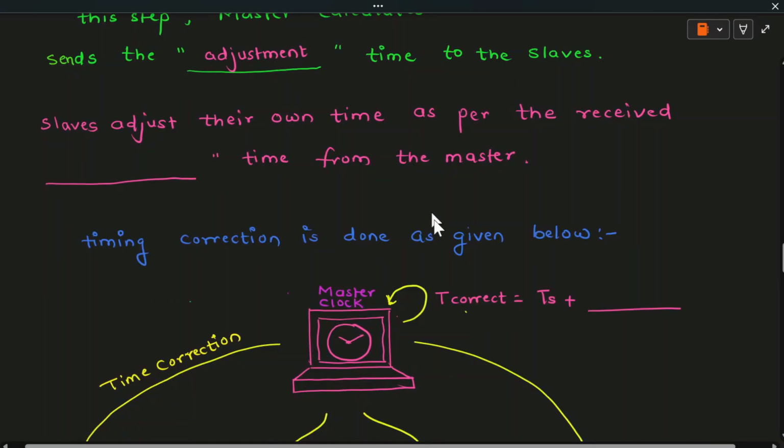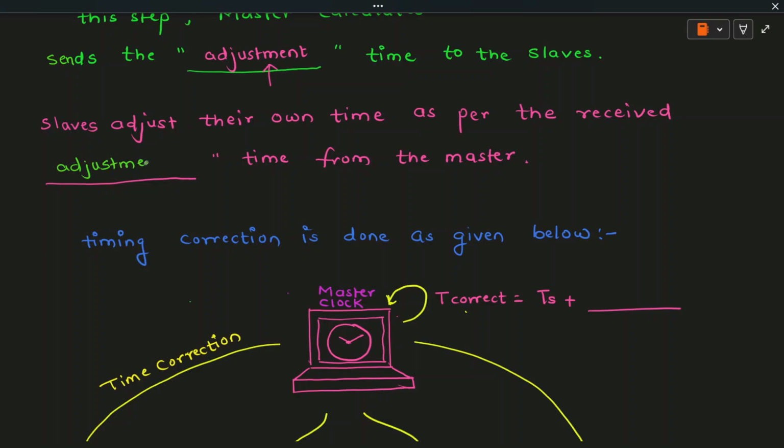The slave adjusts its own time as per the received adjustment time. So the slave will receive the adjustment time from the master, and then manage its own time as per that received adjustment time.